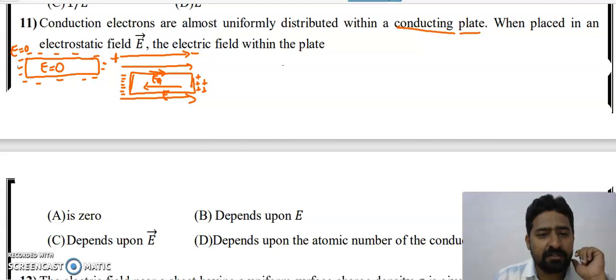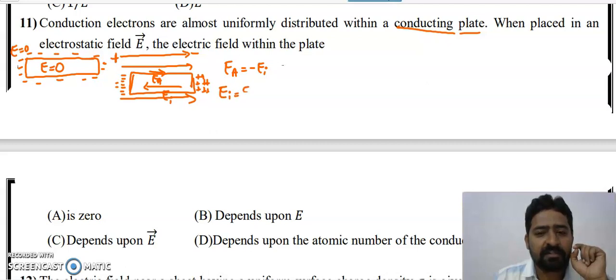This is called the induced electric field. More and more charges are accumulated, so the induced electric field also increases, obeying Newton's third law. So what is the net electric field inside the conductor?